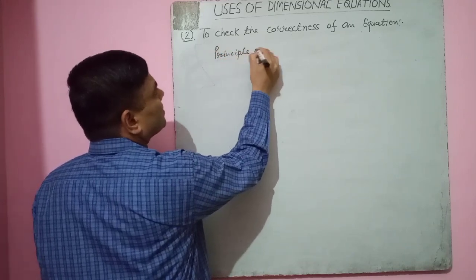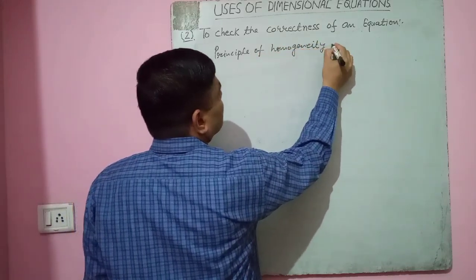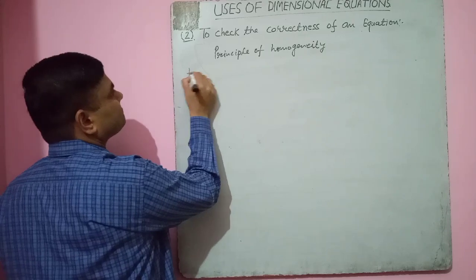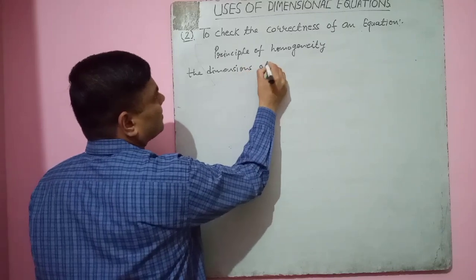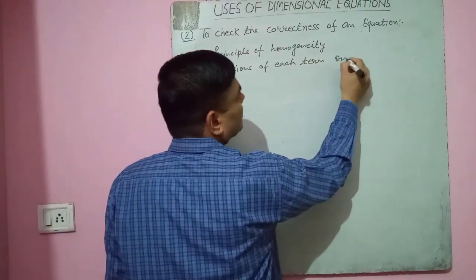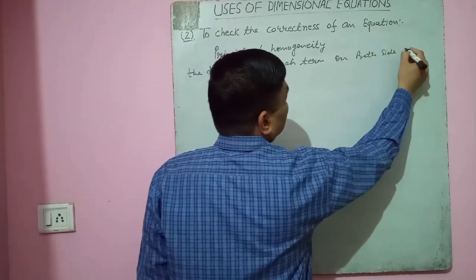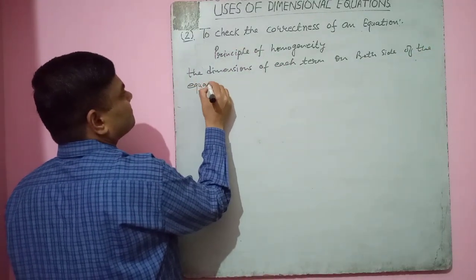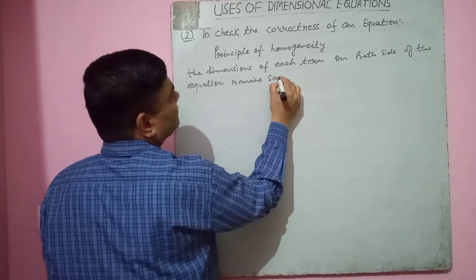The principle of homogeneity says that the dimensions of each term on both sides of the equation remain the same.